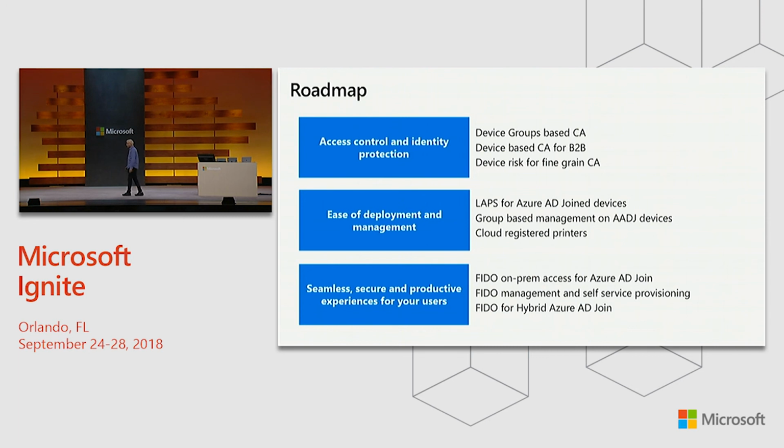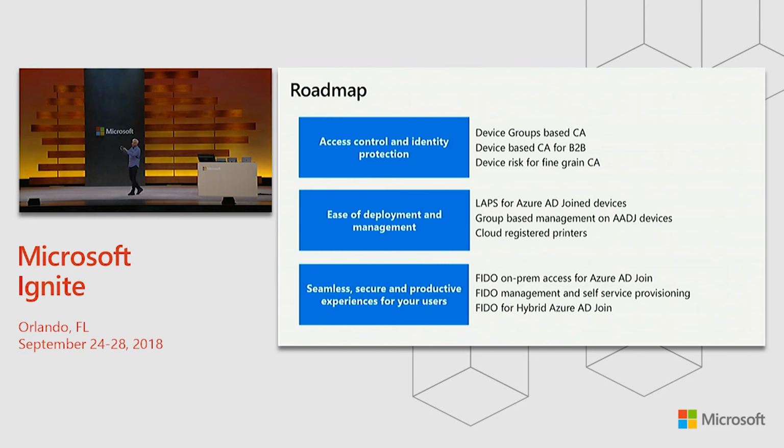Device-based conditional access for B2B. How many of you are using B2B today? Nice. So one of the feedback we have is, let's say you're the resource organization, you have invited a guest user from the home organization, and they've already registered their device in their tenant.